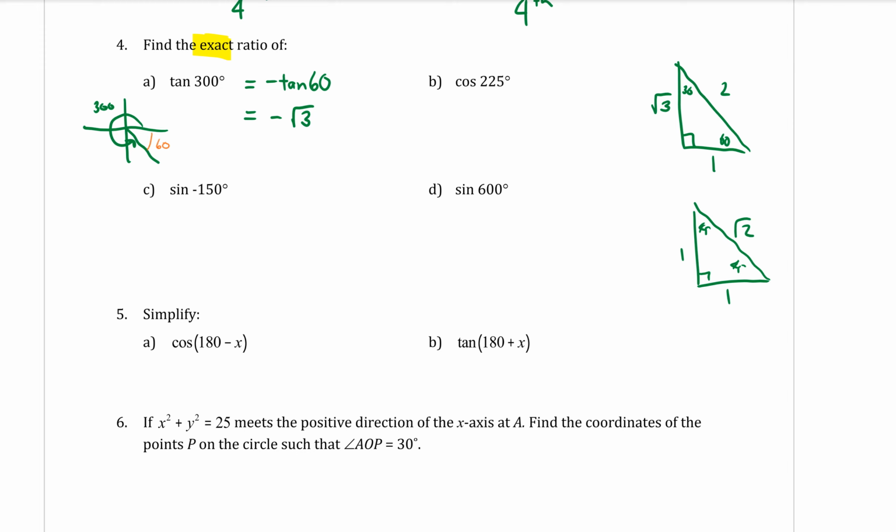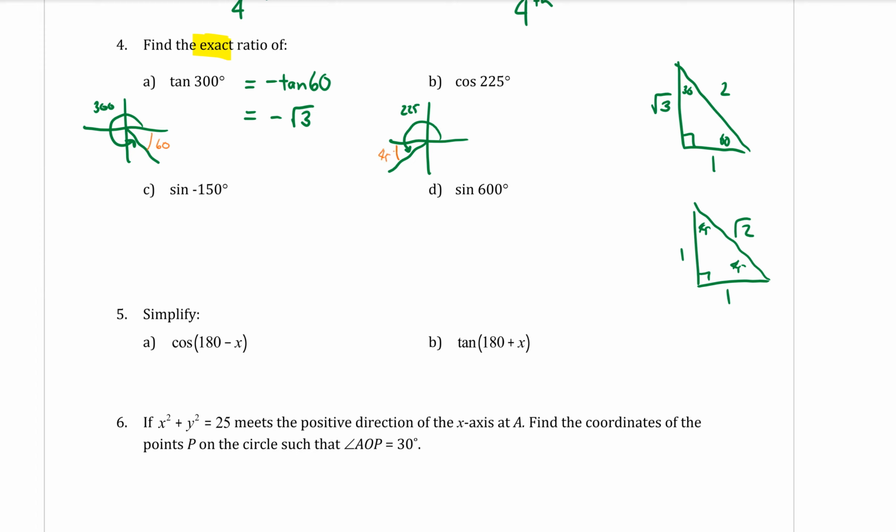Now we want to find the exact value of cos 225. So draw our little diagram. 225 is going to be in the third quadrant. Find the reference angle. So I do 225 minus 180, and that gives me a 45-degree angle in there.